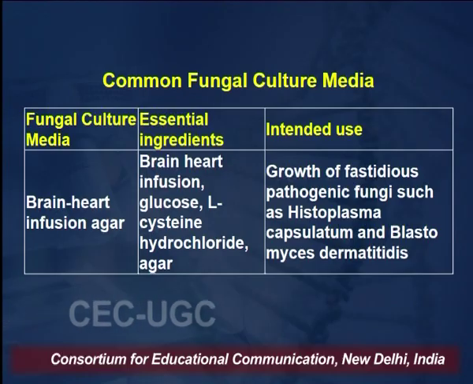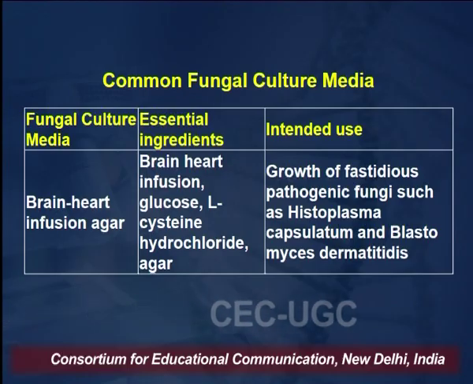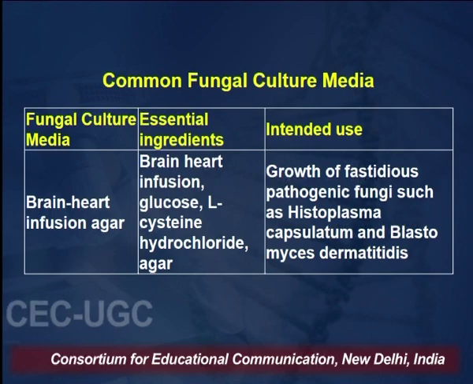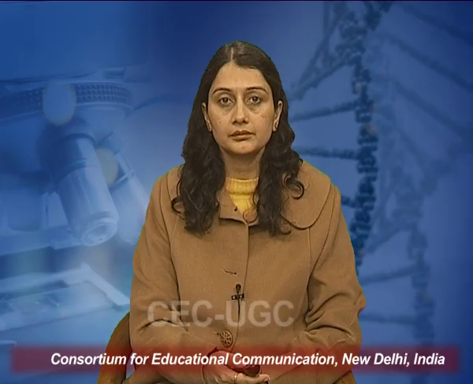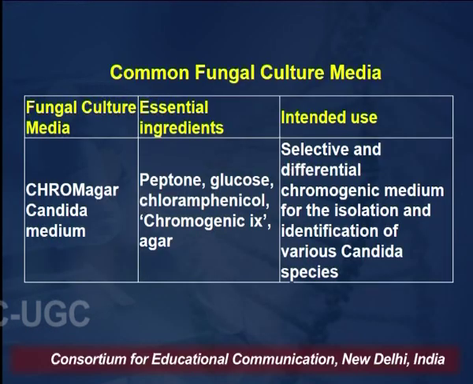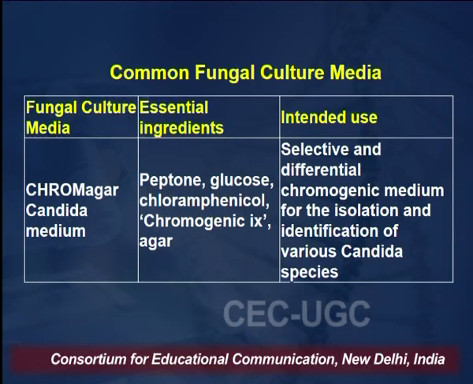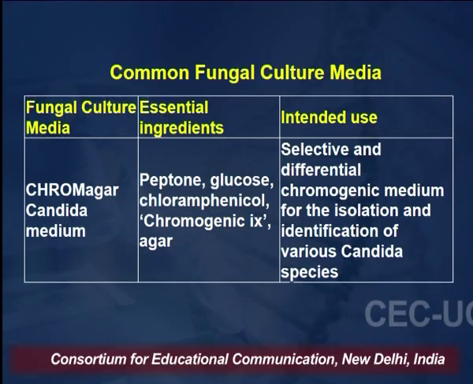The intended use is the growth of pathogenic fungi such as Histoplasma capsulatum and other dermatitis-causing fungi. The other commonly used fungal media is the Candida media, and the intended use is as a selective and differential chromogenic media for the isolation and identification of the various species of Candida.